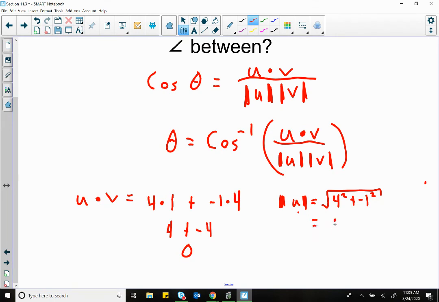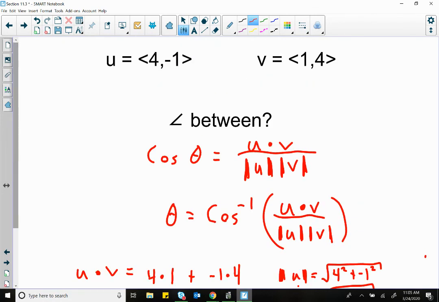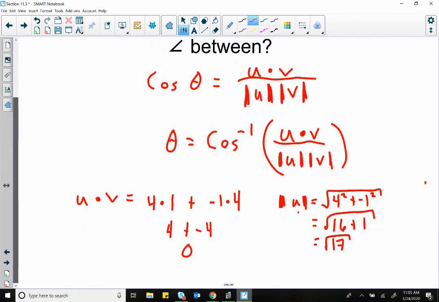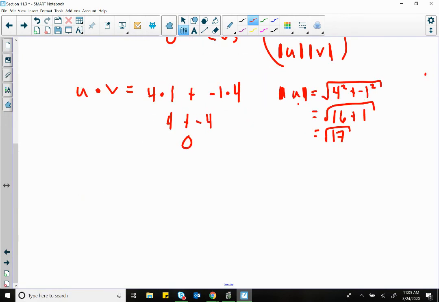So that gives us 16 plus 1, square root of, and then the square root of 17, and that does not break down. The magnitude for V will actually be the same as well. It's not always going to work out like that, just so you know. So for the magnitude of V, you end up with the same numbers underneath, just 1 squared is first and then 4 squared, which will give you the same answer as the square root of 17.